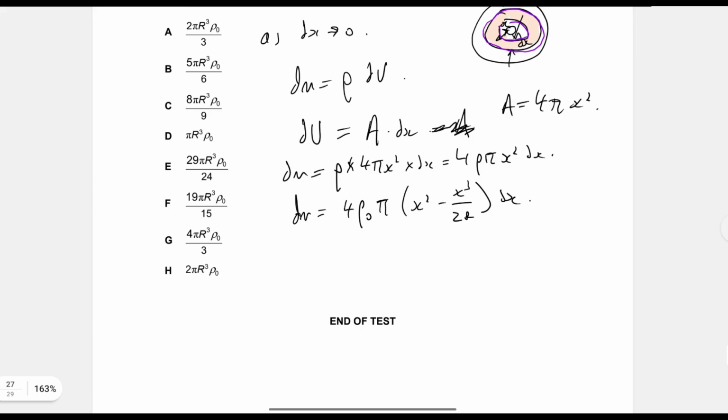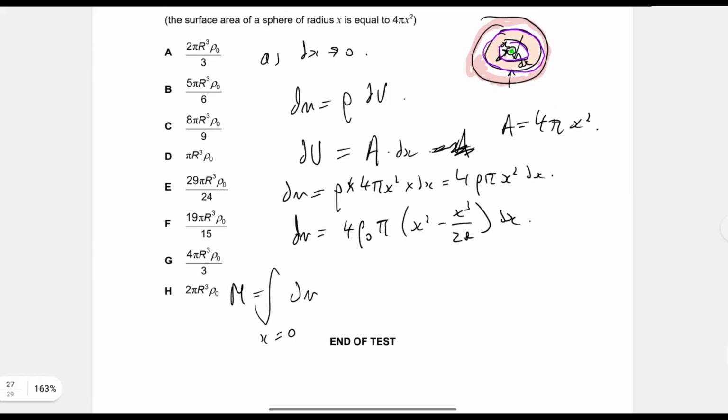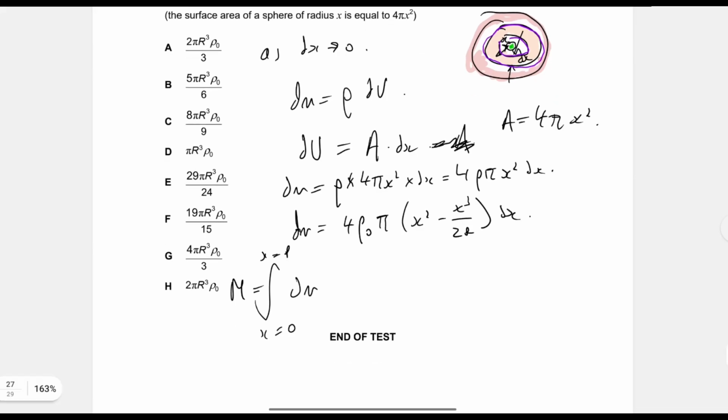So the mass of this sphere is going to be, if we integrate dm from x equals 0, so we add up the smallest spherical shell at the very center to the largest spherical shell along the outside. So that's x equals r.